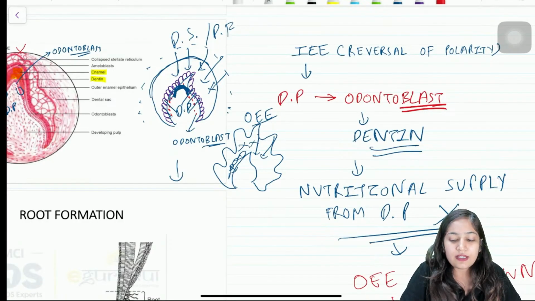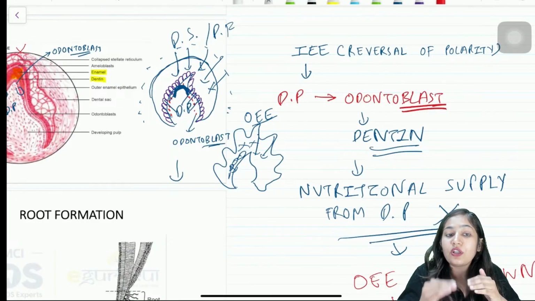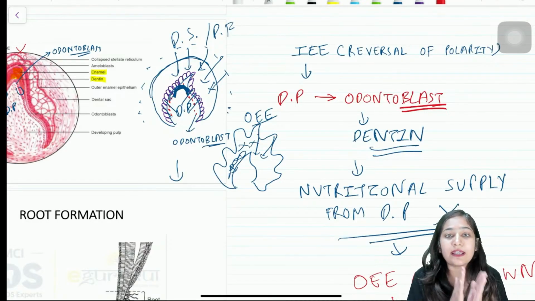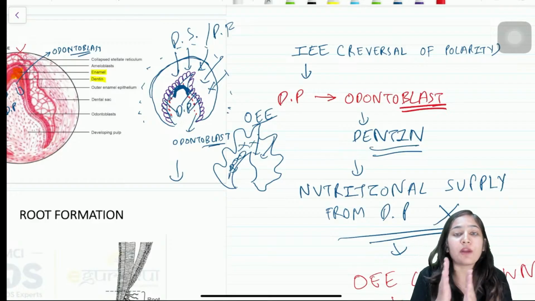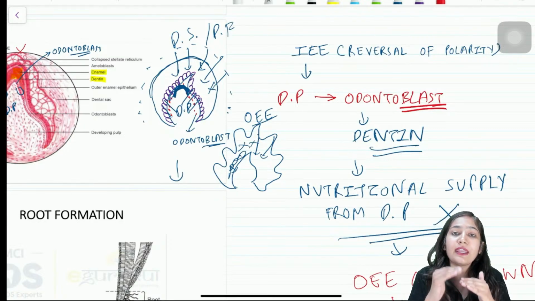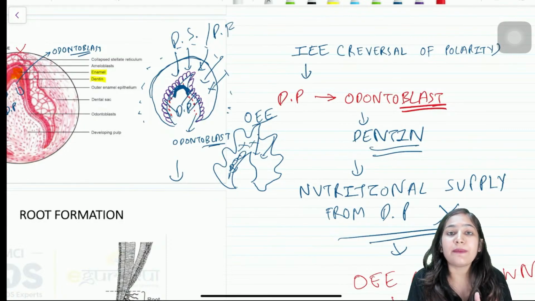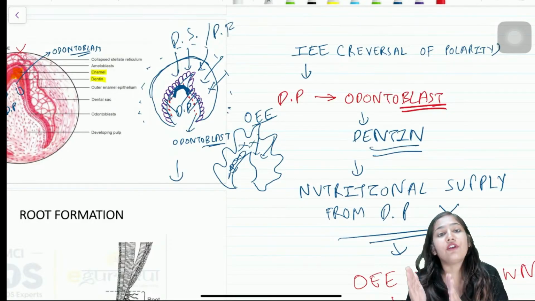Dentine, right? Here we can see inner enamel epithelium is providing signal to dental papilla to differentiate into odontoblast cells. So basically inner enamel epithelium is signaling dental papilla cells. Dental papilla cells are forming dentine. Once dentine is formed, then this dentine is again giving signal to the inner enamel epithelial cells to differentiate into ameloblast cells and form enamel.